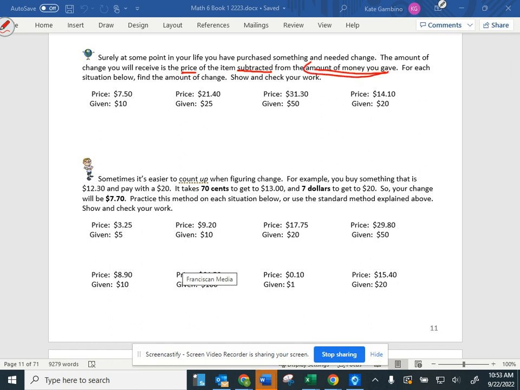So you start with the amount of money that you're giving. I'm giving $20. I'm going to take away the price. I'm going to subtract it away. So we always start with the amount of money you're giving to the cashier. So if the price is $7.50 and what's given is $10, how should I set up my problem?